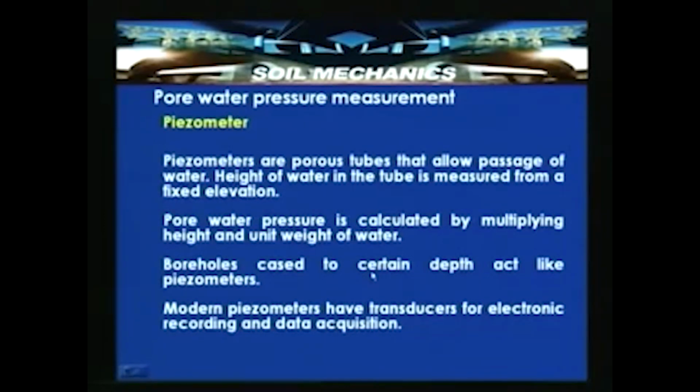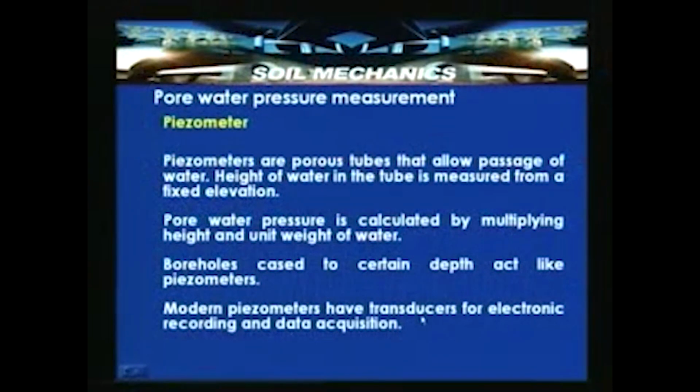Suppose while doing soil investigations, boreholes were drilled to assess the soil characteristics as well as the occurrence of stratification and different properties of soil. Boreholes with casing can also act like piezometers to measure the pore water pressure.